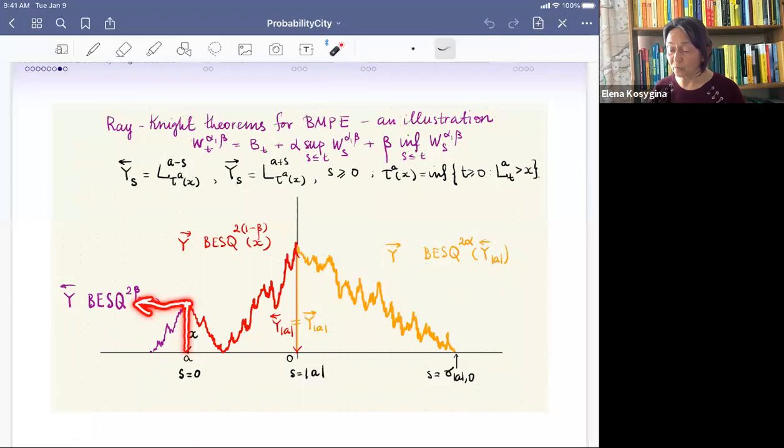That's indicated by y with the left arrow. The claim is that the resulting process is a squared Bessel process of dimension 2 beta, with starting point at x. Now, if we look to the right, the corresponding process of local times is a concatenation of 2 squared Bessel processes. The first one starts at the same x with dimension 2 times 1 minus beta.